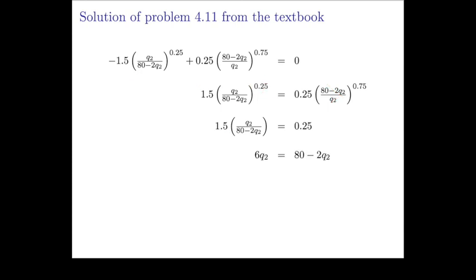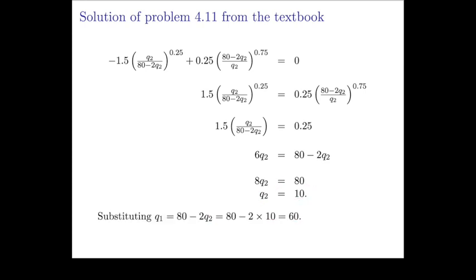Multiply both sides by 4 and cross multiply, and you end up with 6 times q2 equals 80 minus 2q2. In other words, 8q2 equals 80, so the optimal q2 star is 10.